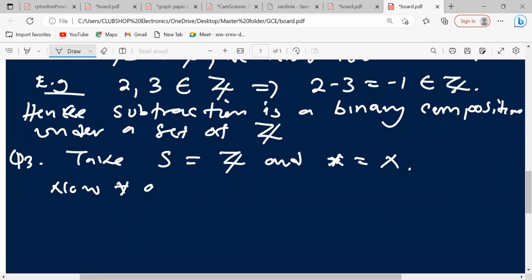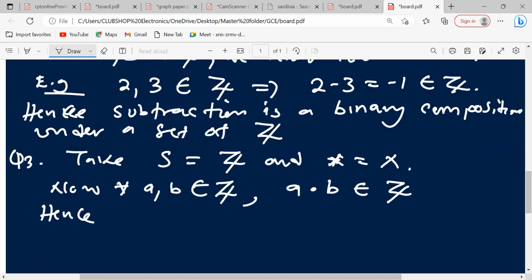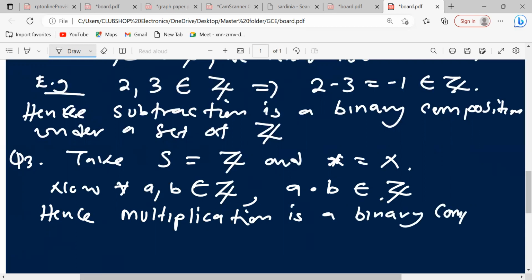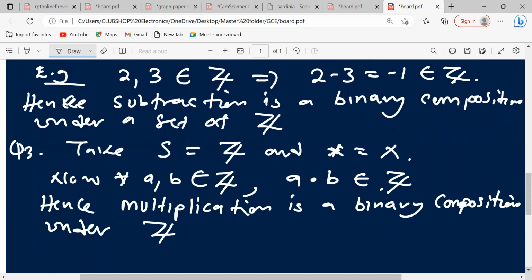So for every A and B that are integers, we know that A times B will always be an integer. Hence, multiplication is a binary composition under the set of integers.